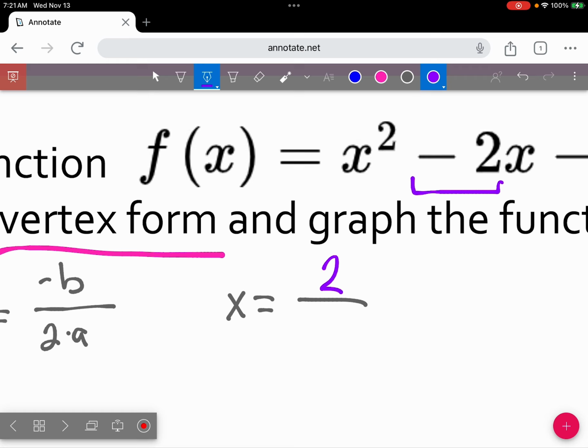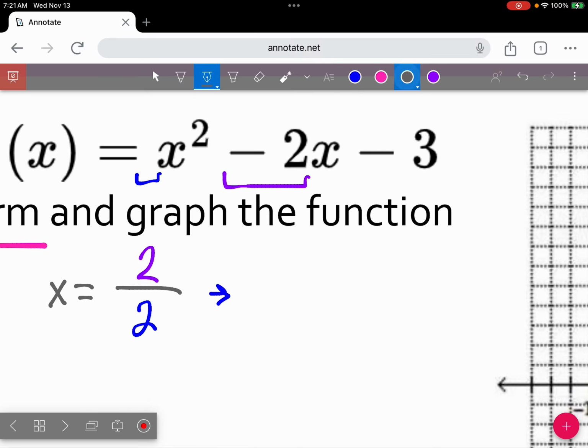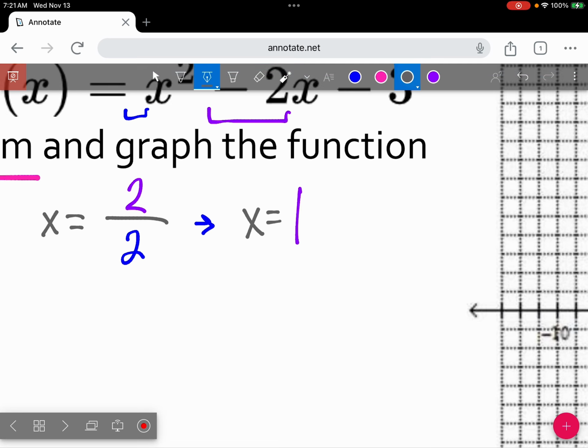Over 2 times a, what's our a? 1. So 2 times 1 is 2. So our axis of symmetry is going to be at x equals 2 over 2, which is 1. So that tells me in my vertex, the x value is 1.